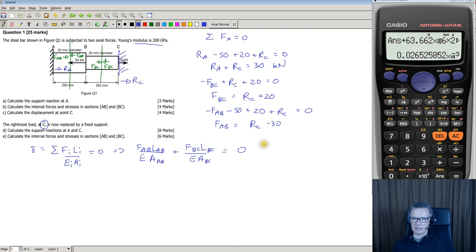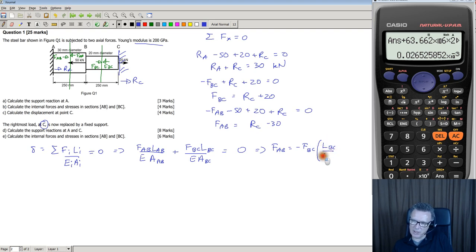So nothing particularly exciting there. You can rearrange it and you can say, for example, that FAB is going to equal minus FBC.